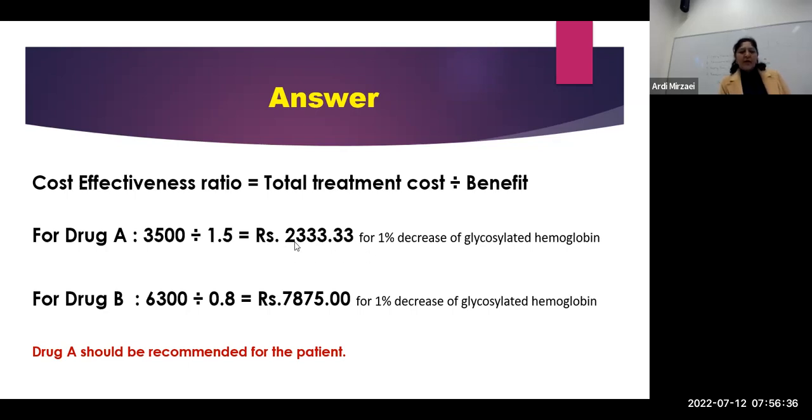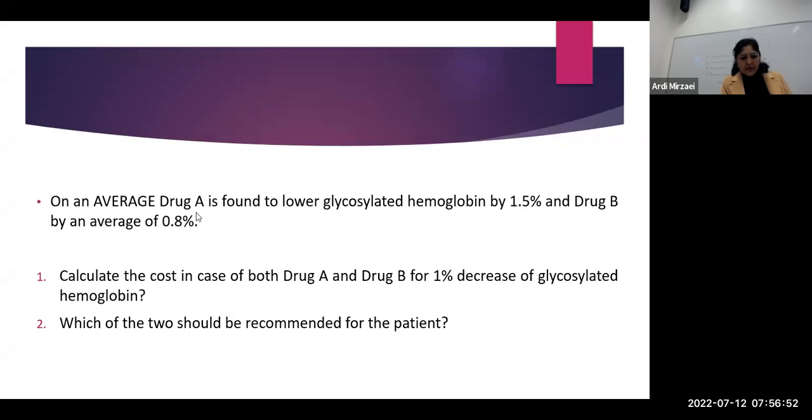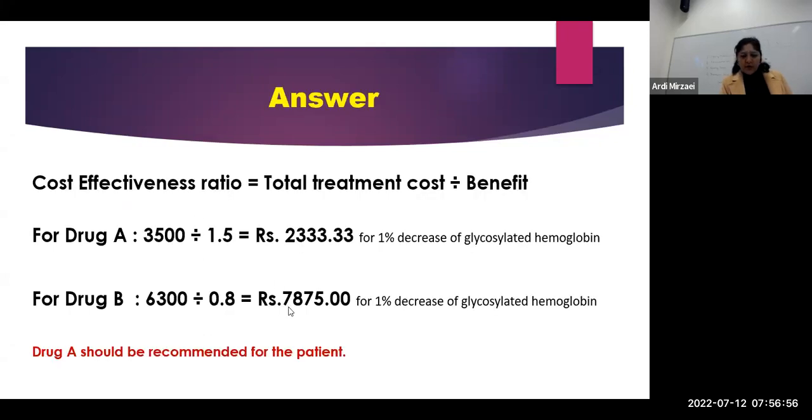If you divide 3,500 by 1.5, it is 2,333 for 1% decrease of glycosylated hemoglobin. That is drug A. And for drug B, 6,300 by 0.8, because it is decreasing by 0.8. It is costing 7,875 for 1% decrease.